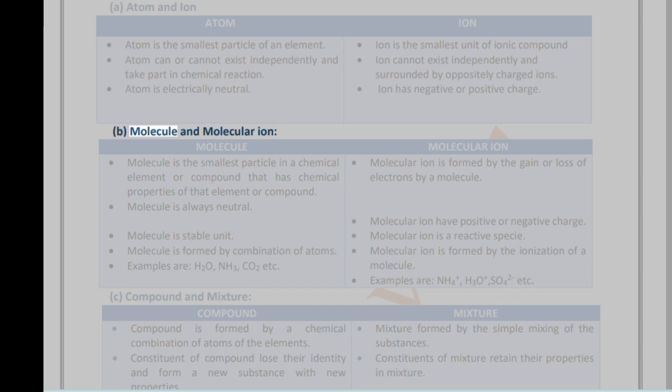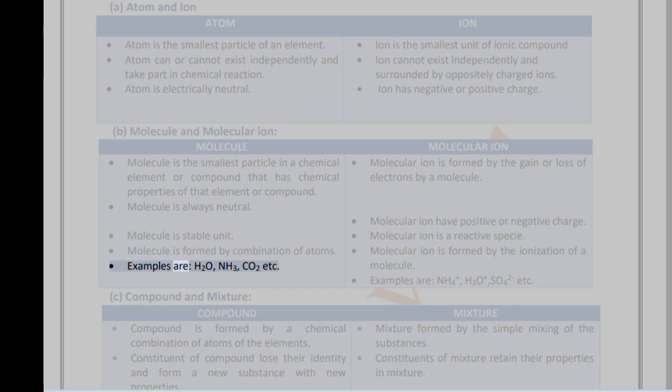B. Molecule and molecular ion. Molecule is the smallest particle in a chemical element or compound that has the chemical properties of that element or compound. Molecule is always neutral. Molecule is a stable unit. Molecule is formed by combination of atoms.